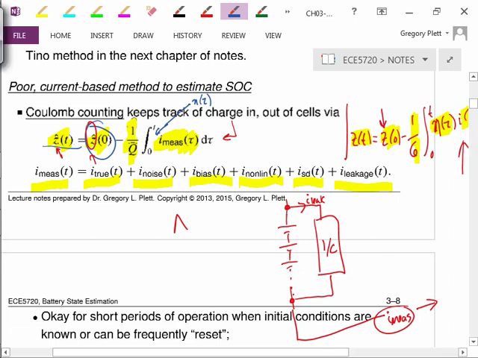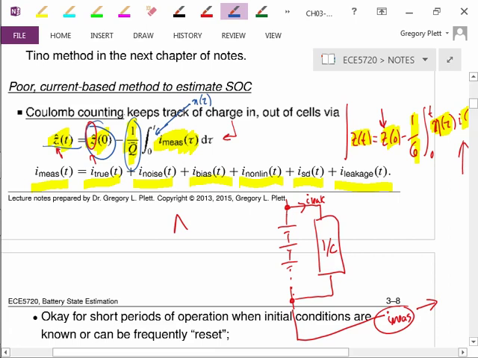If my capacity guess is wrong, suppose I guess a capacity that's too high, well, then my state of charge doesn't change as fast in my estimate as it really does in practice. Or if my capacity estimate is lower than truth, then my estimate will change more quickly than truth. And again, there's no feedback. There's no way of finding out that my state of charge estimate is becoming poor and to do anything about it.